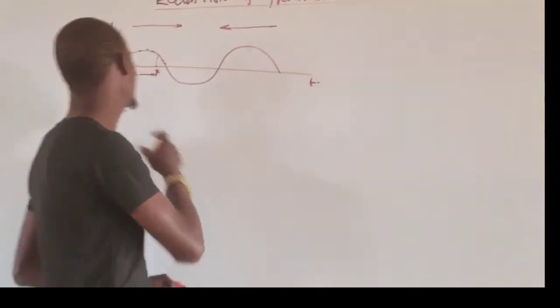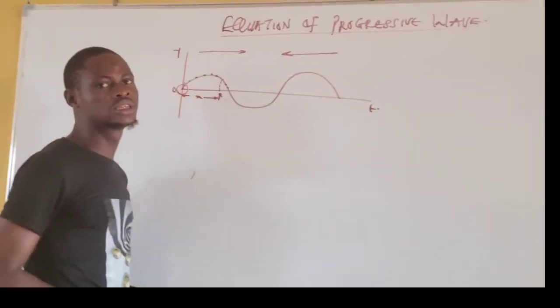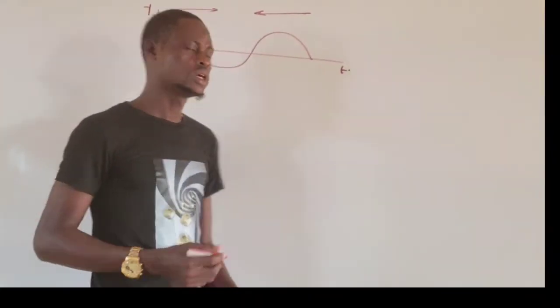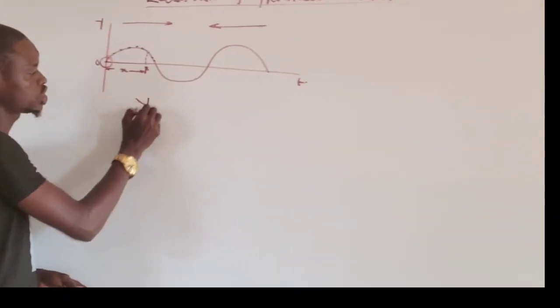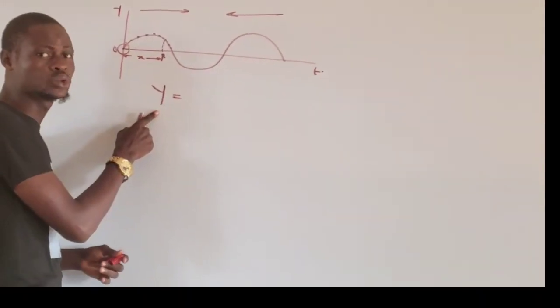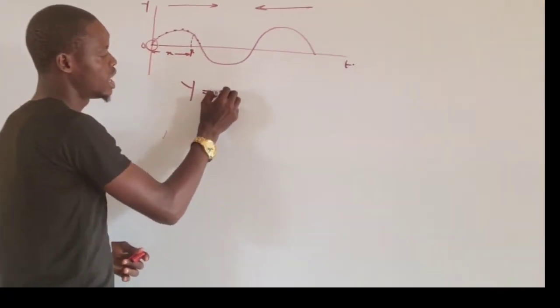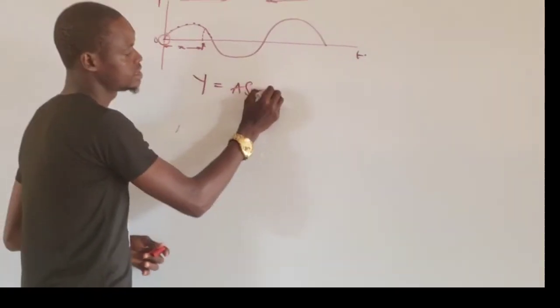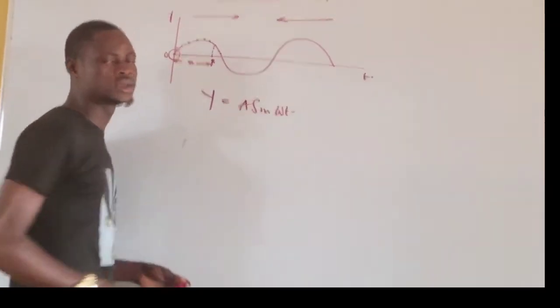If this particle at the origin is being displaced from its initial position, it has the equation of a sine wave, which is y, the displacement of the particle, equals a sine wt.